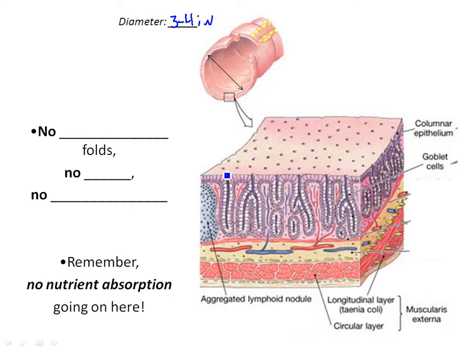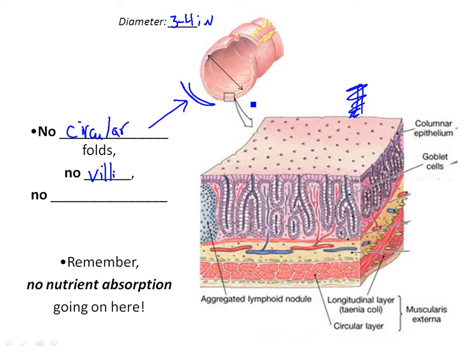And again, I already told you there are lots and lots of these crypts or pits present, but you're going to notice that we do not see any villi. There are no villi extending from here. You also don't notice any circular folds. So when you look at the inside here, you'll see that it's a very smooth surface.